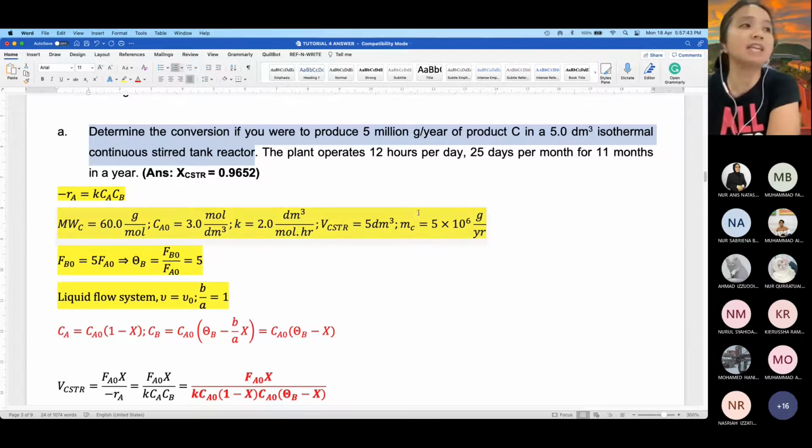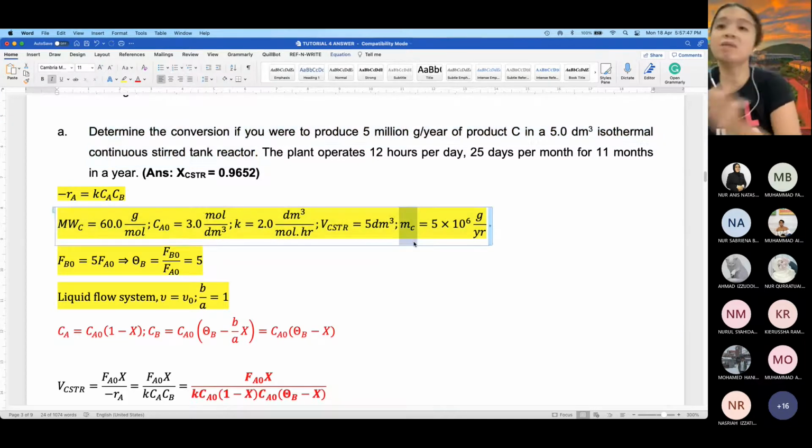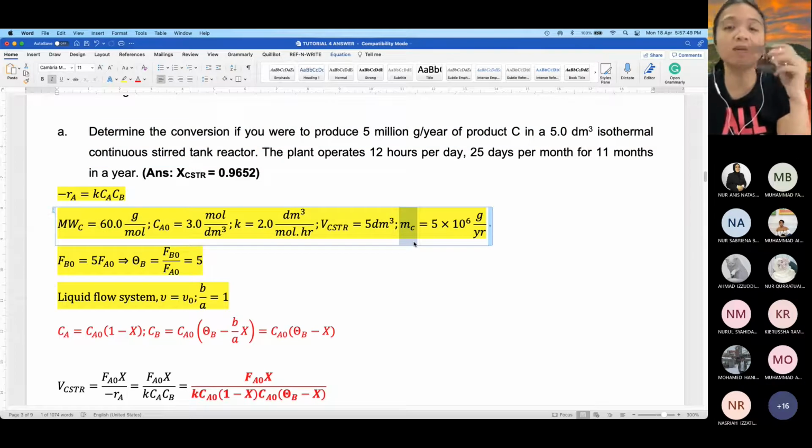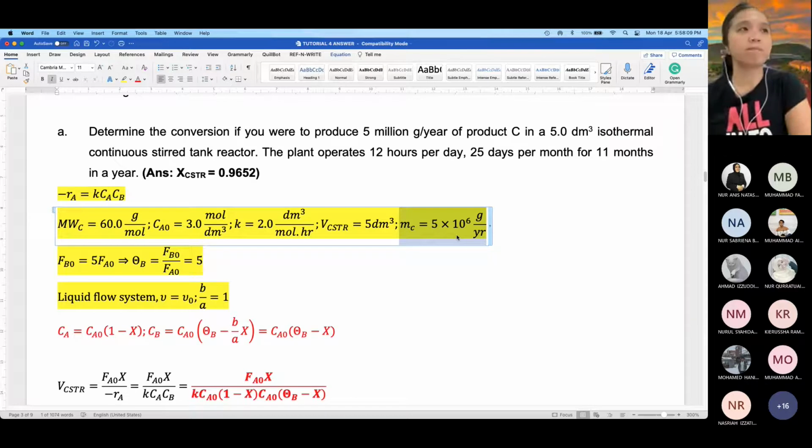Dia beri kita mass flow rate of C. Normally we use M to indicate mass flow rate. So it's actually MC, ada subscript C sebab dia adalah mass flow rate of C, which is 5 million gram per year. So 5 million tu adalah times 10 power of 6. So I know now mass flow rate of C is 5 million gram per year.